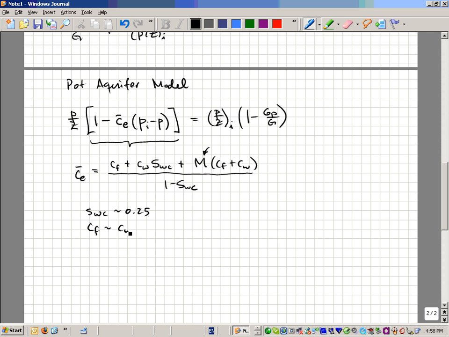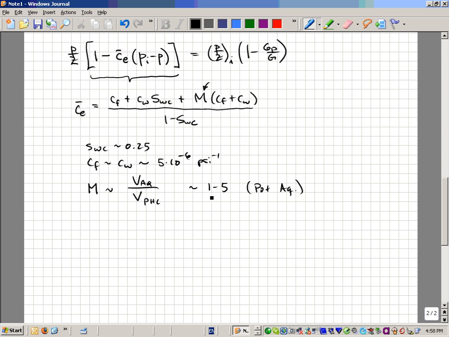Formation and water compressibilities are usually quite similar. Let's say 5 10 to the minus 6th inverse psi, and M is effectively the aquifer volume divided by the hydrocarbon pore volume. And typically values of 1 to 5 are what we see for reservoirs that the pot aquifer assumption is valid. So we basically say that there's 1 to 5 times aquifer volume to the hydrocarbon pore volume.